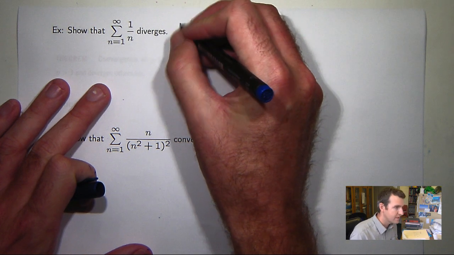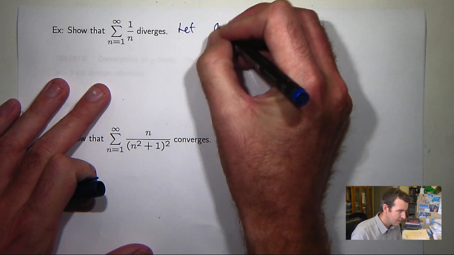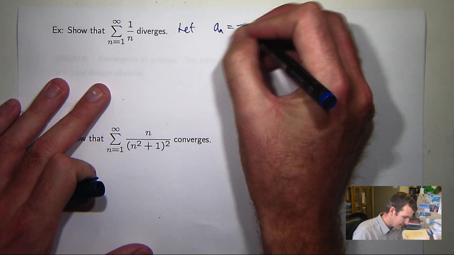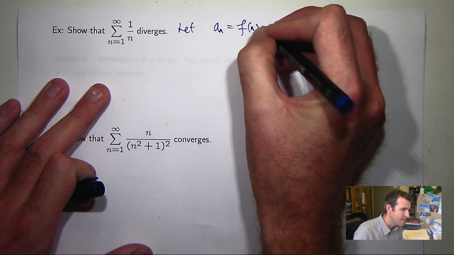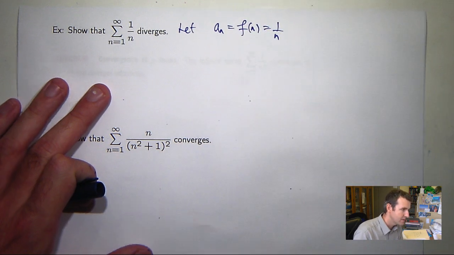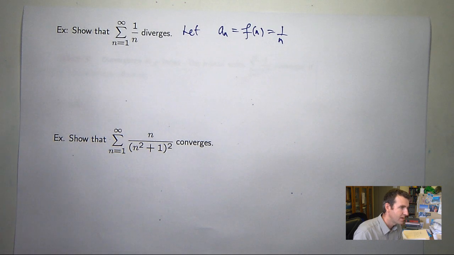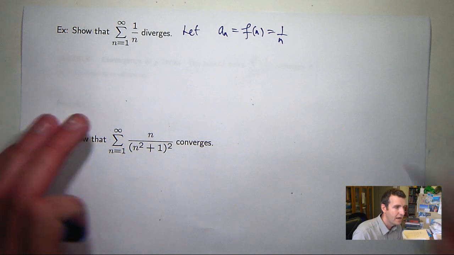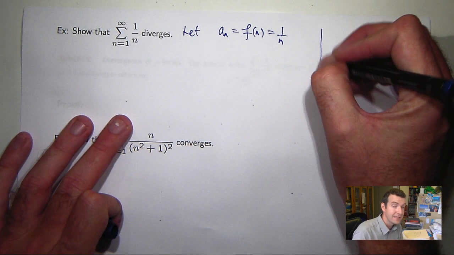So let's have a look here. I've got the sum of 1 on n, and I'm going to let a sub n be my sequence, defined by 1 on n. And so my function, f of n, will just be 1 on n. So how can I take that and apply the integral test?